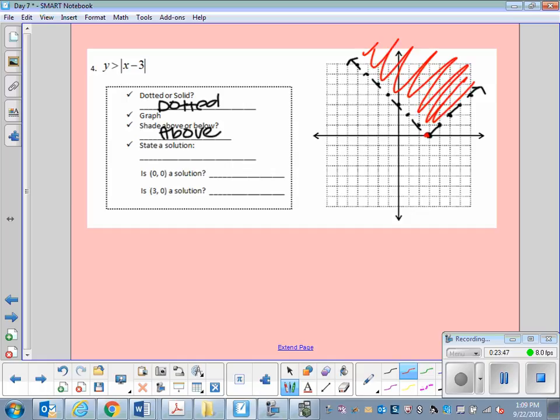Okay, so state a solution. Is 0, 0 a solution? No. Is 3, 0 a solution? No.